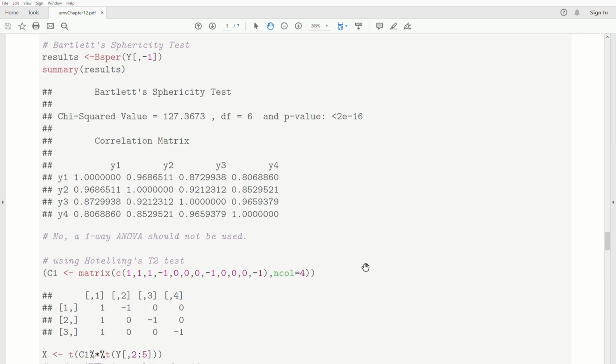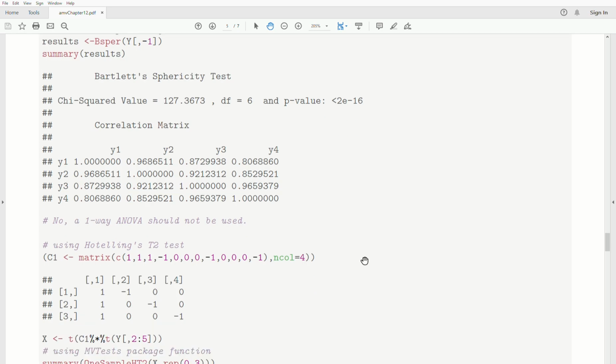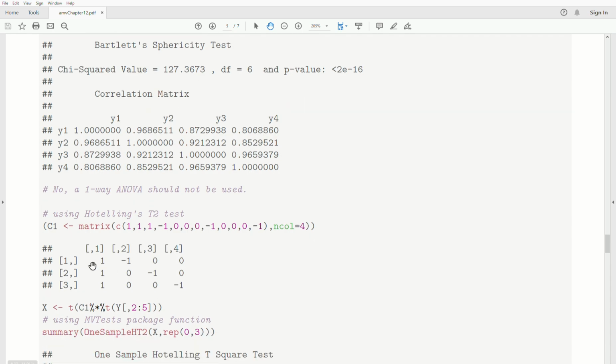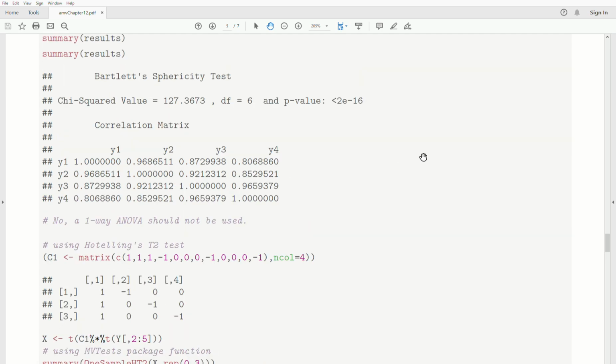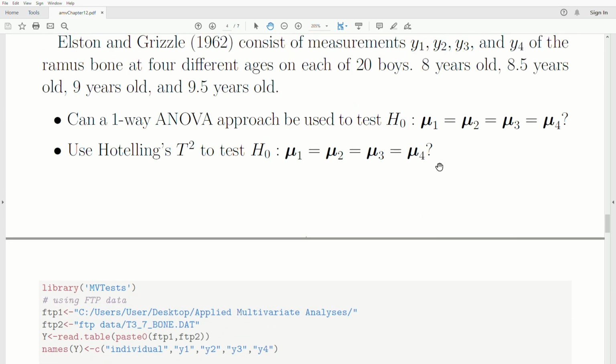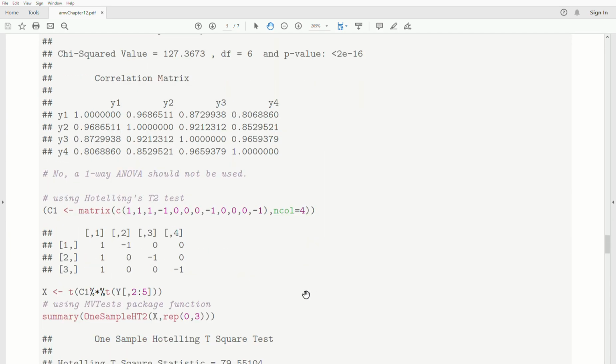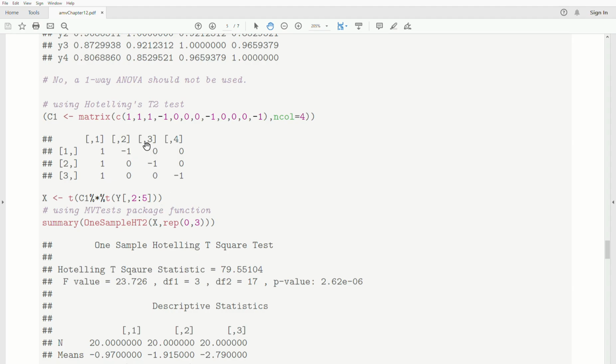So one approach to test the hypothesis, are the means equal across time, is to use what's called a one sample profile analysis, and we create a matrix and then transform our data, and then that's equal to this null hypothesis that they're all equal, or at least one of them is not. So we create this matrix. It's a contrast matrix, and in each row the coefficients sum to 0.